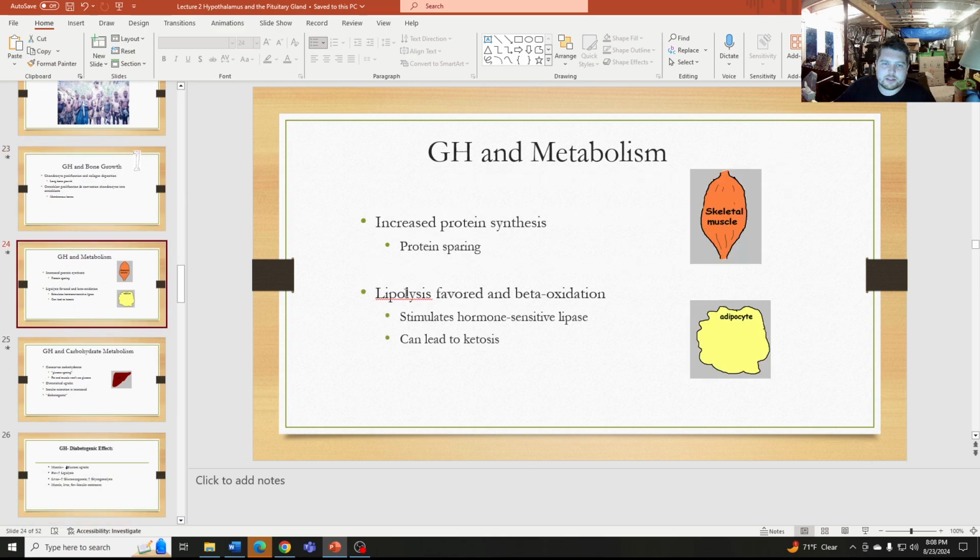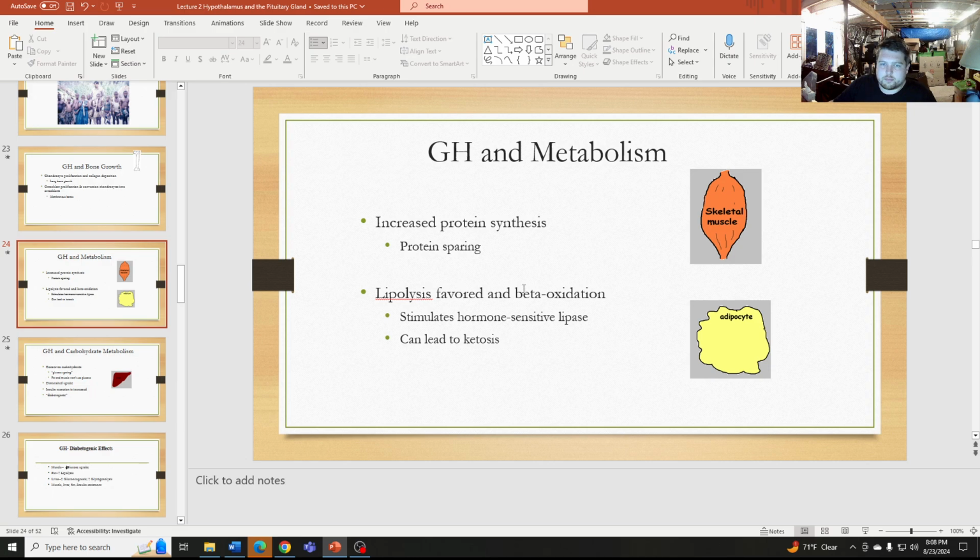Now the metabolism. Lots of questions like to come from growth hormone and metabolism. So we get increased protein synthesis, so we make more proteins because we need to have everything available to build and create the structures we need in order to do the jobs that we need, as we build and grow the muscle, the bone, and all these other things.